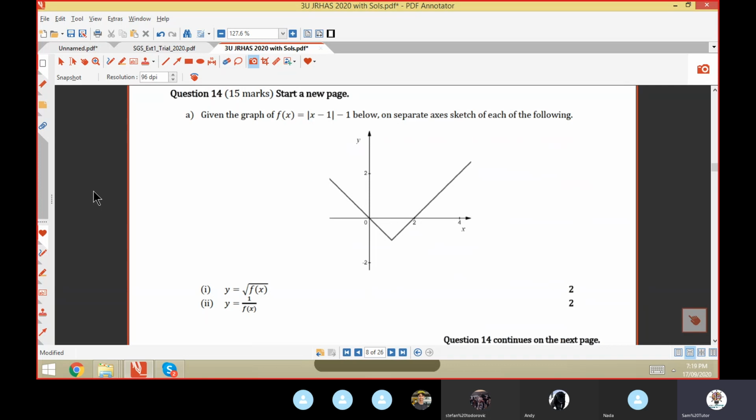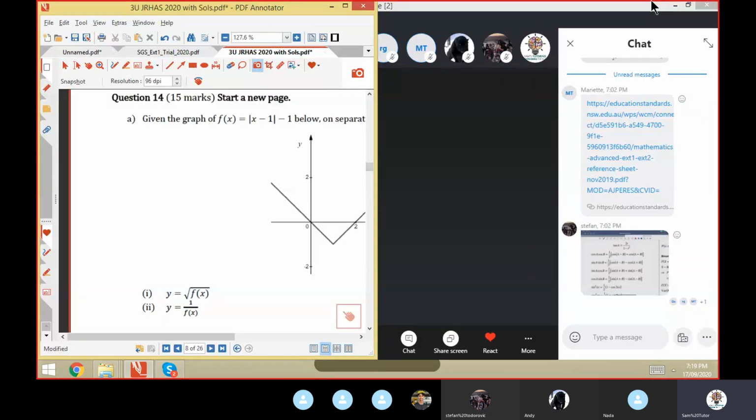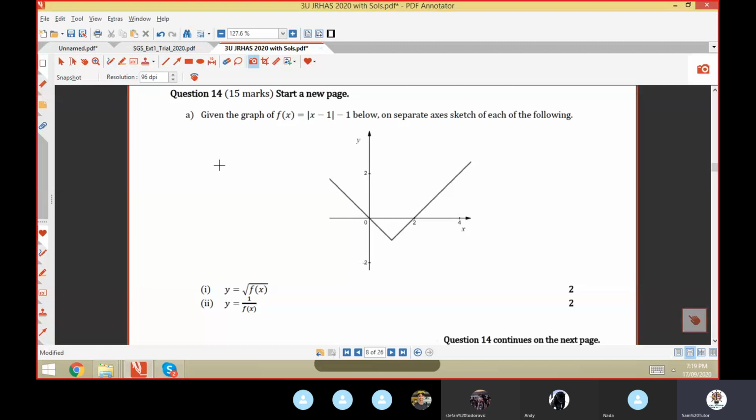Do the square root. Oh, we already got the answers. I was like, I'll draw it graphically, but.